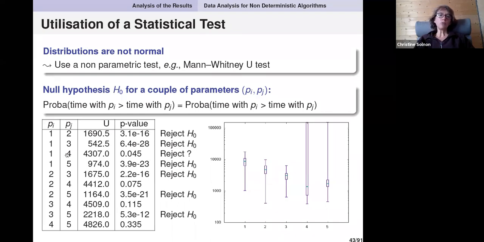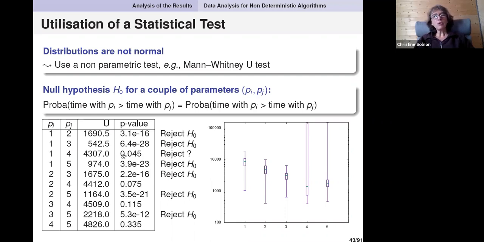I'm not going to explain the Mann-Whitney U-test, but we can simply have a look at the p-value, which is used to decide to either accept or reject the null hypothesis. When the p-value is very small, we reject it, whereas when it is higher than some threshold, we accept it.